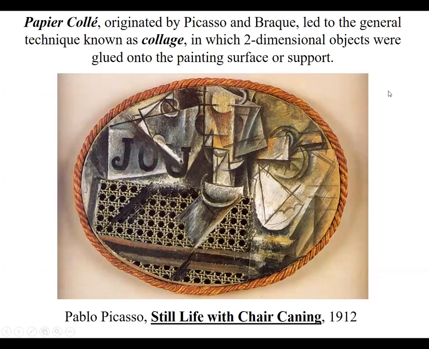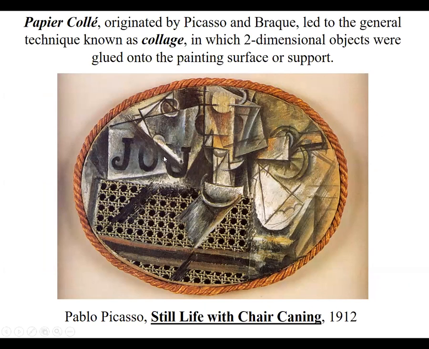So papier-collé originated with Picasso and Braque. At the beginning of the 20th century, they were really doing lots of experimentation in Cubism and taking deep dives into what is the meaning of painting and what are different kinds of abilities or approaches to paint and painting.